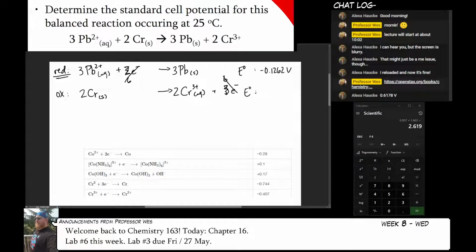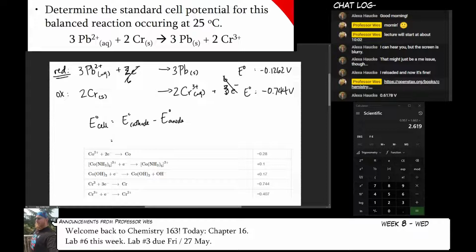There it is. Did I scroll far enough? I did. Okay. So that's going to be negative 0.744. Oh no, they're both negative. What will we do? Well, we do cathode minus anode.